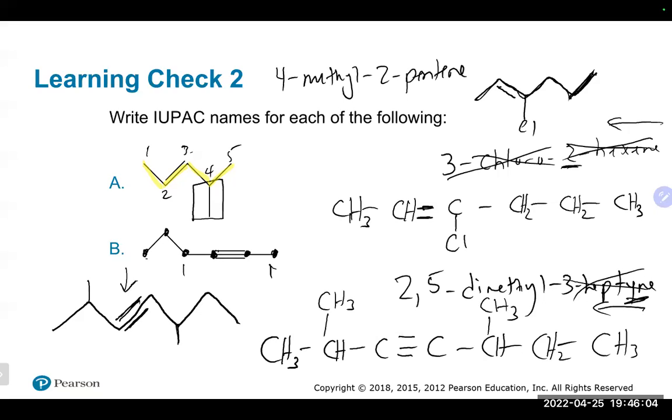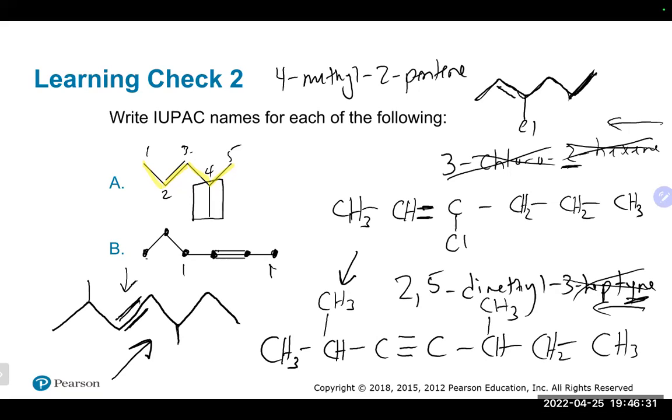It would. These were a little more about just naming, but it would ask you to either draw the condensed structural formula, which would be this, or the line structure, which would be that, or the structural formula, where you draw out all the hydrogens. So within the question, it would probably specify which type to draw, and you should draw it that way.